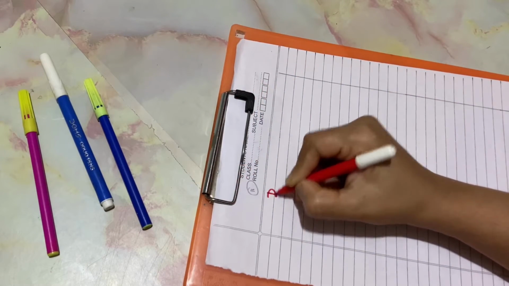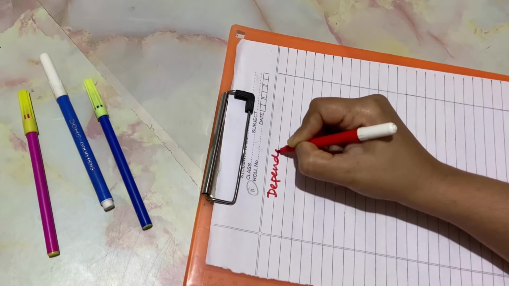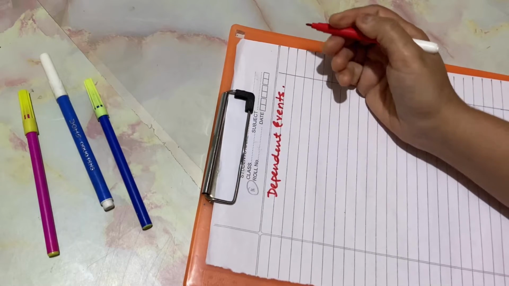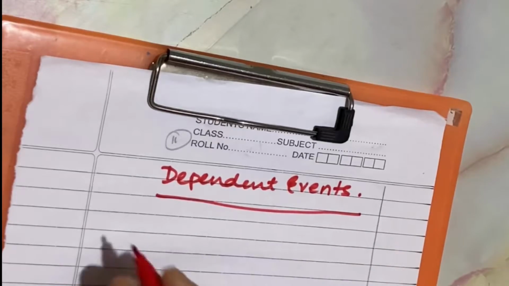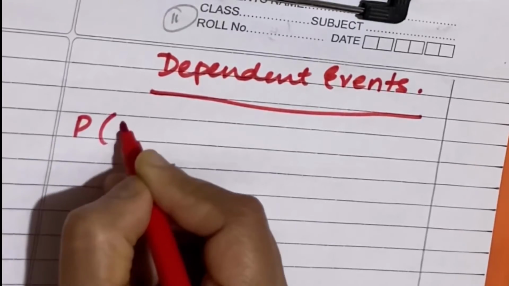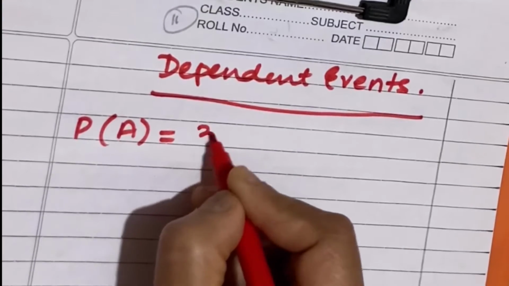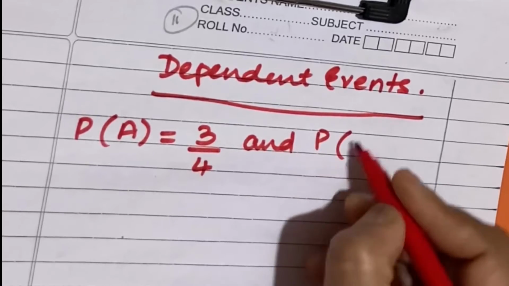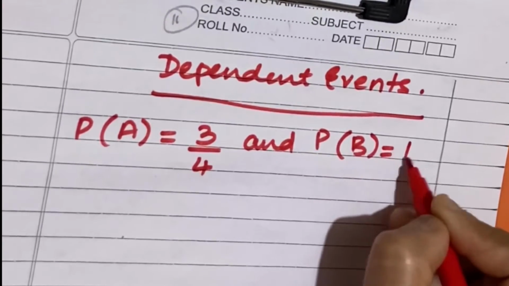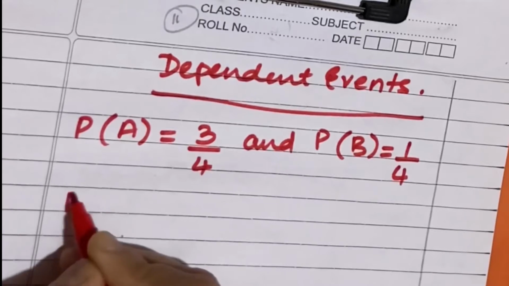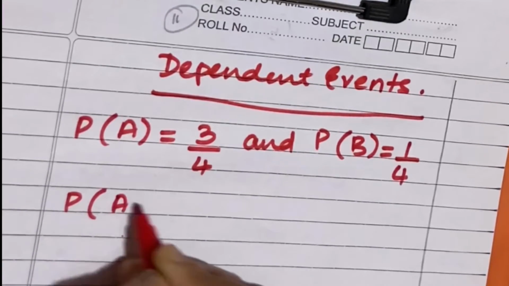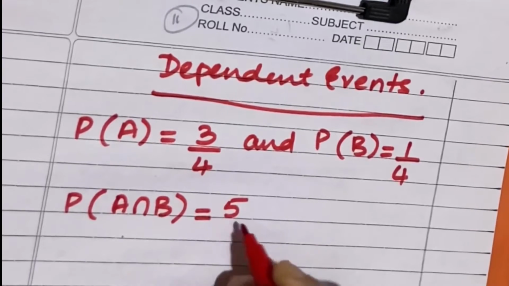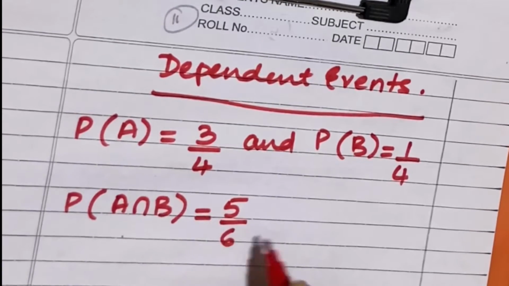Now we'll find out what are dependent events. If I have probability of A happening to be 3 by 4 and probability of B happening to be 1 by 4 and probability of A and B happening to be 5 by 6, say.